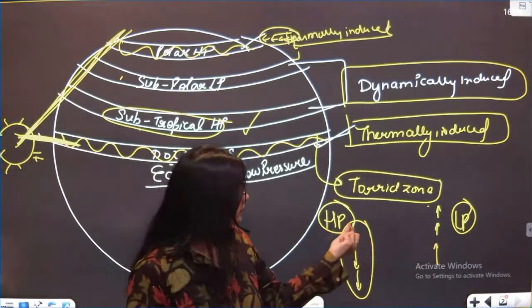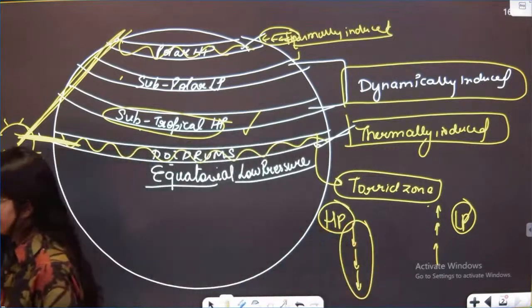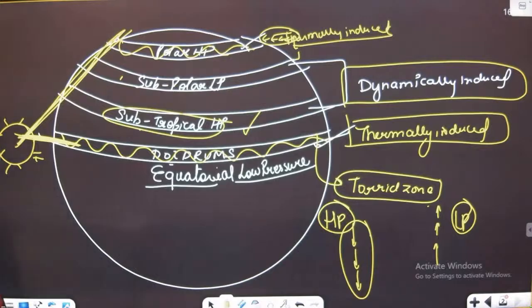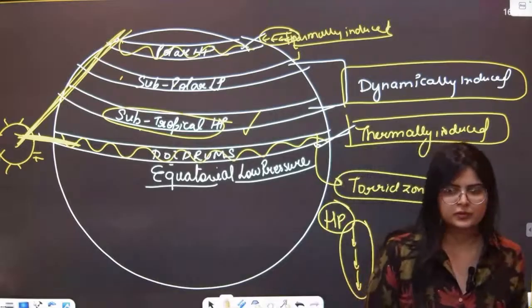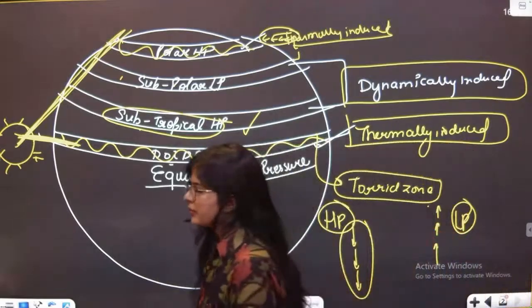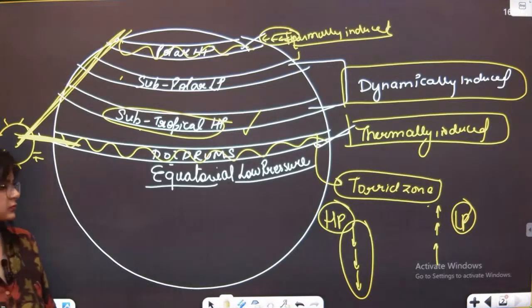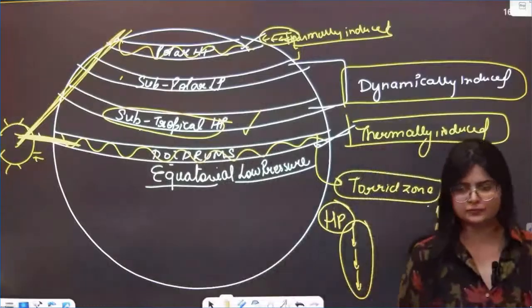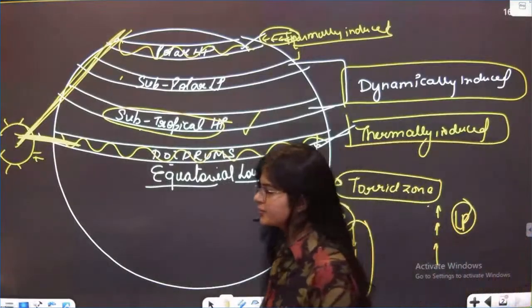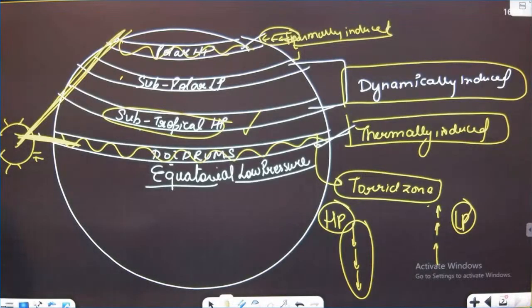So whenever, in any area, write down, in any area, in the case of descending of the air, the region of high pressure will be created.